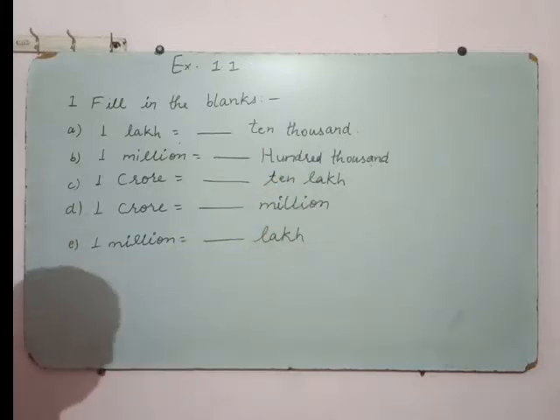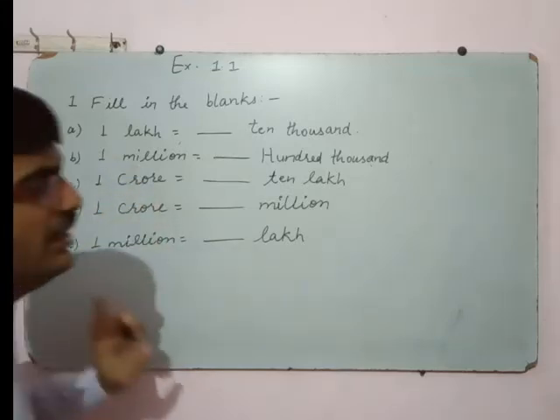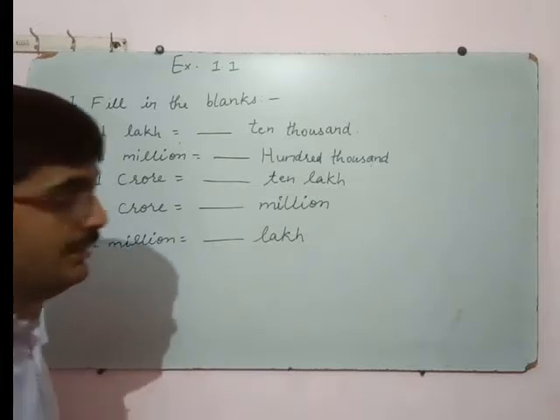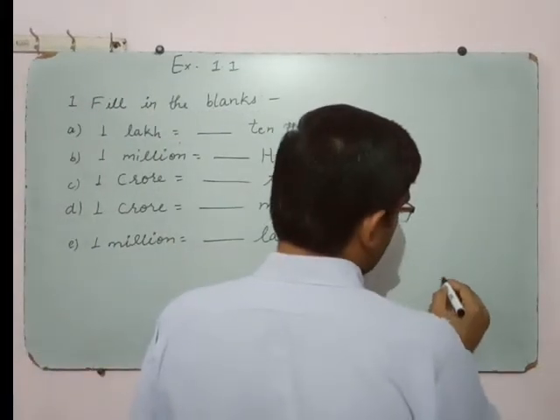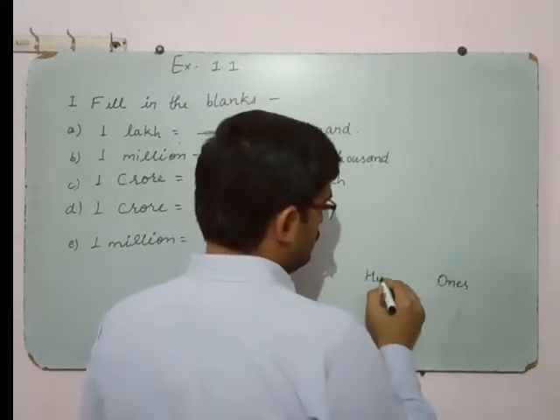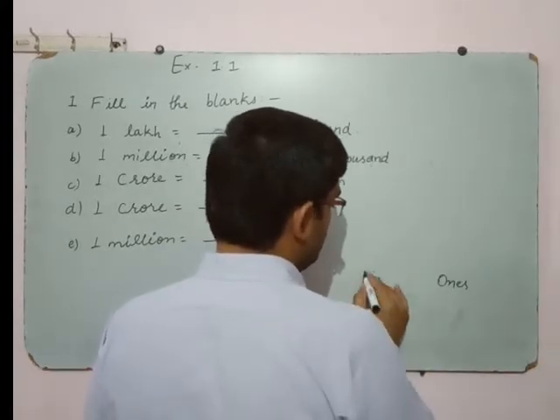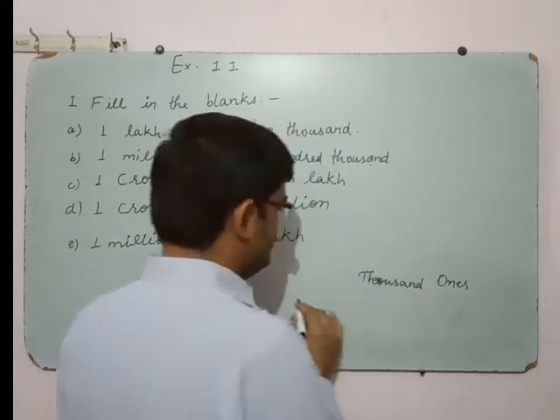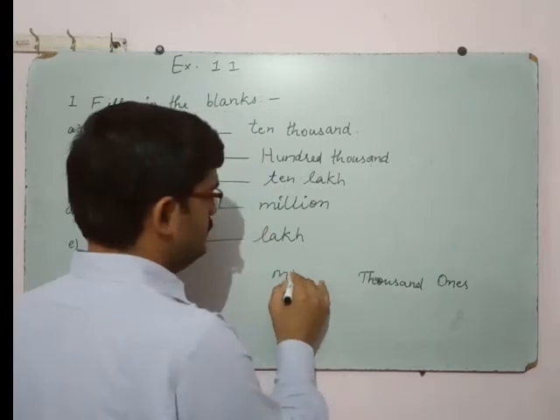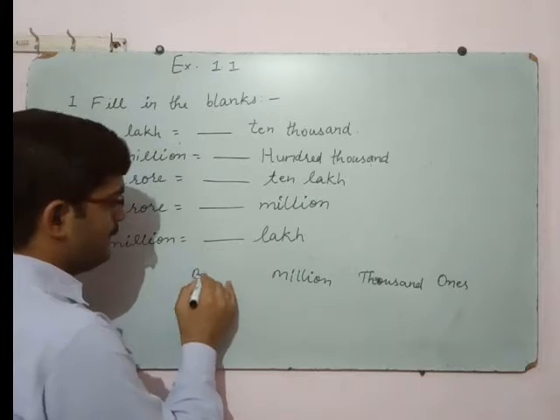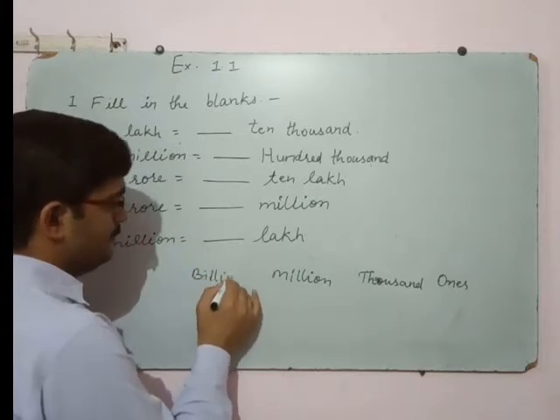First of all you should know how we write the number names in the international system. In the international system there are 4 periods: ones, thousand, million, and billion.